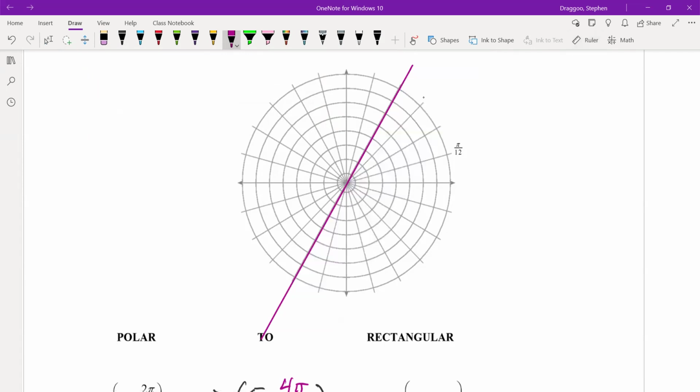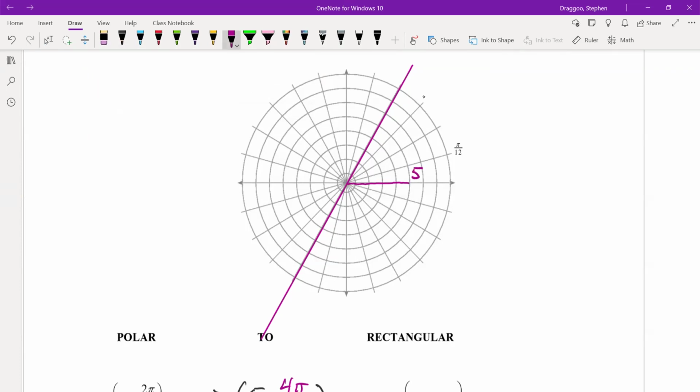And I want to measure out a distance of 5 from the origin. So I want to go out 5 circles. So 1, 2, 3, 4, 5. So I've got a radius of 5 out there.